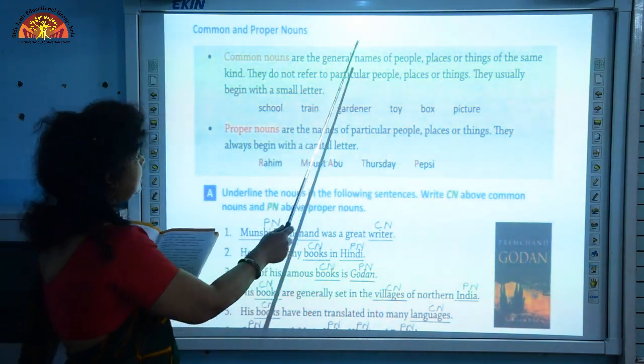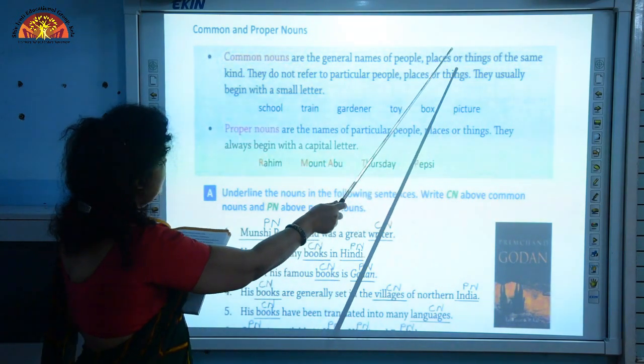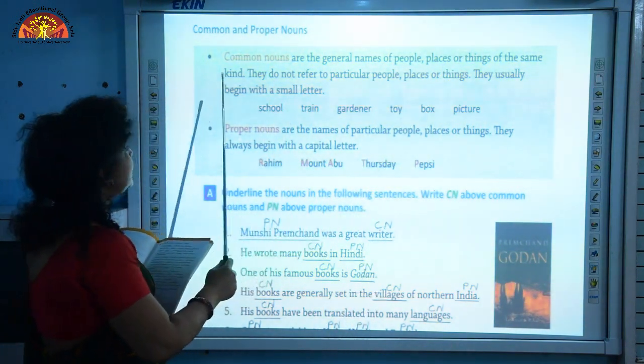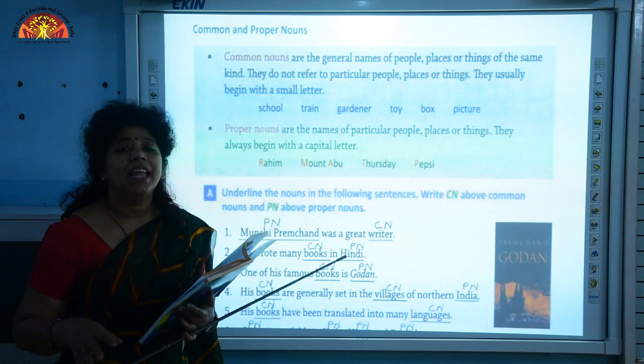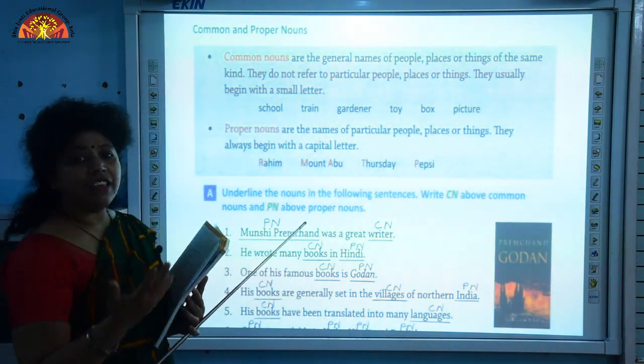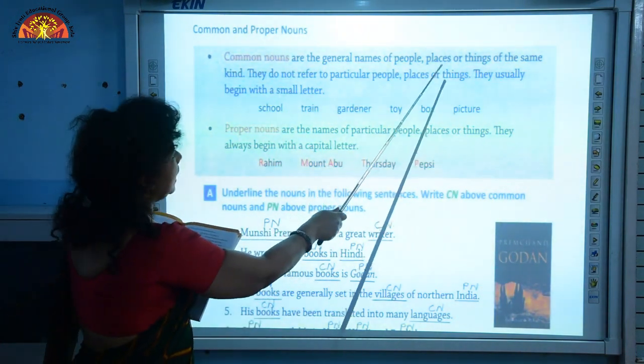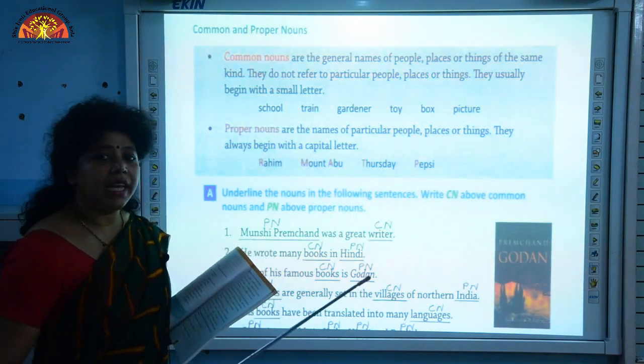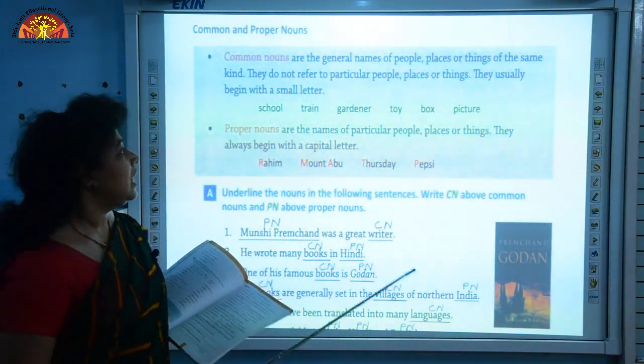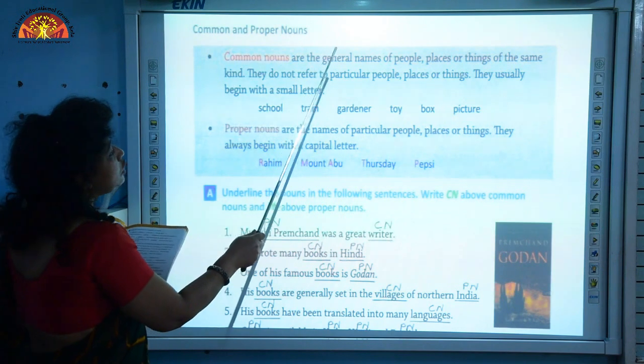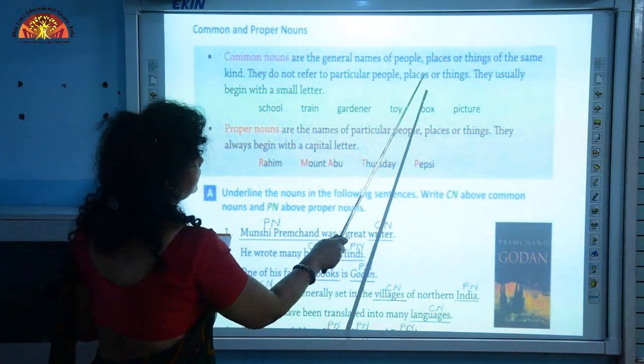Common nouns are the general names of people, places or things of the same kind. They do not refer to particular people, places or things.